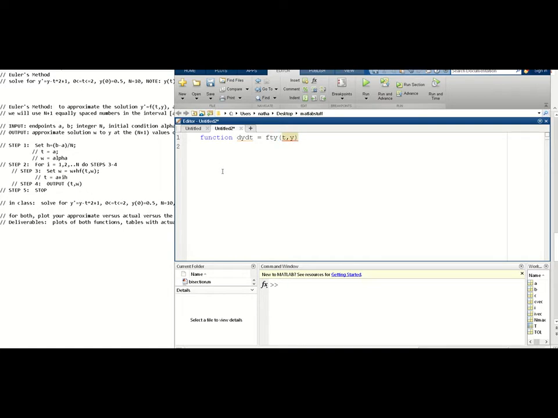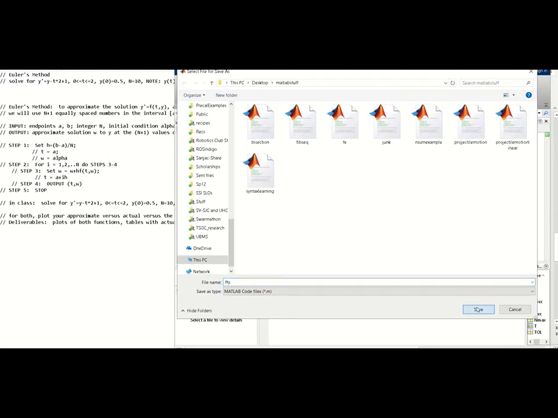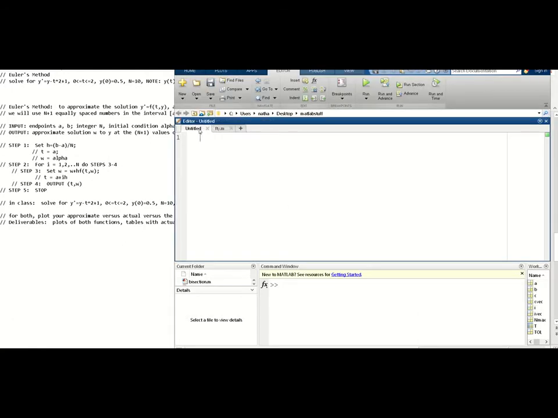Okay, so now we're going to pick our function. I've got one here that I want to do. dy dt is going to equal y minus t squared plus 1. Okay, so that's going to be the function, and we'd end that. Now we're going to save this, and that's going to be my function file that we're going to use.